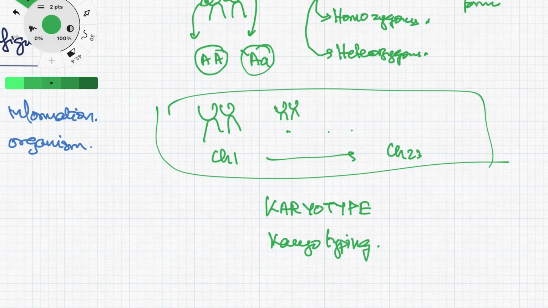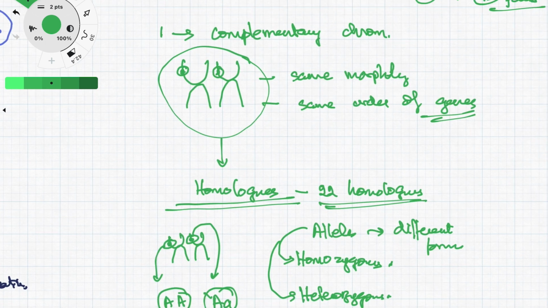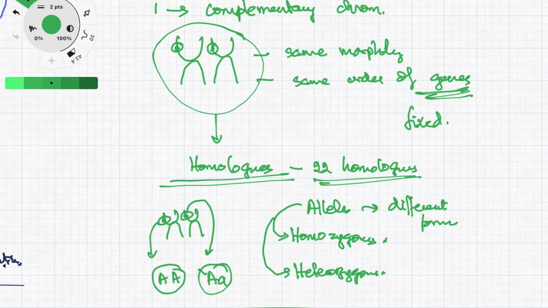Now this is important. The reason why you need to do karyotyping and study the chromosomes is because, as I told you, the order of genes is fixed. It has a fixed order. So if you find a disease, you can locate the gene for that disease very easily once you have mapped them.